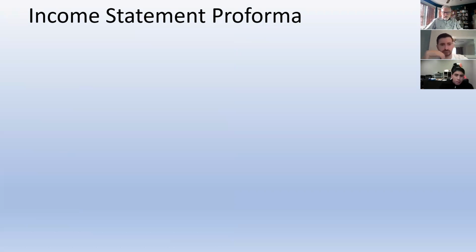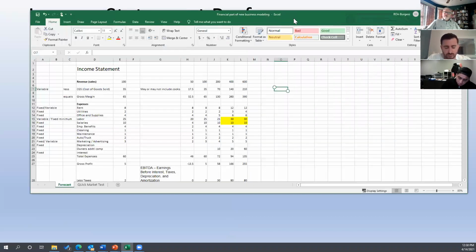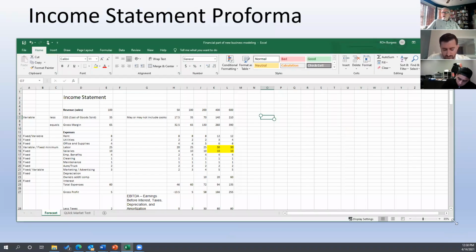And hey, Ron, real quick, what does pro forma mean? Oh, it just means future performance, is all that means. It's a word that's not very often used. It's used a lot to describe pro formas, but it's often not used very much.